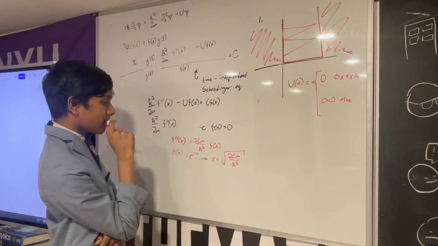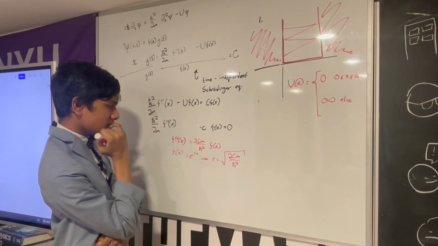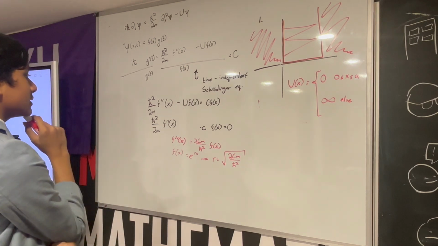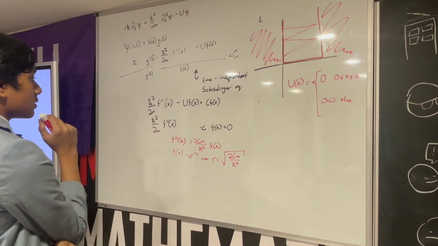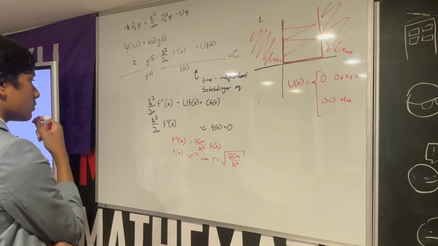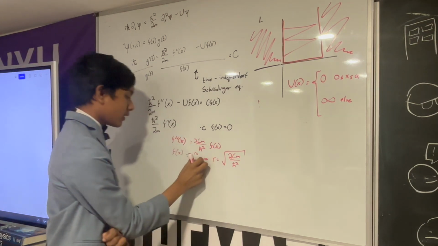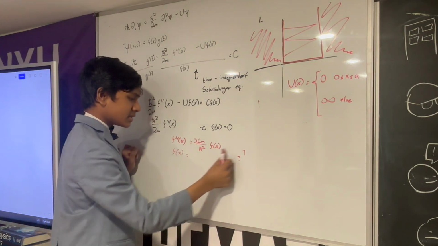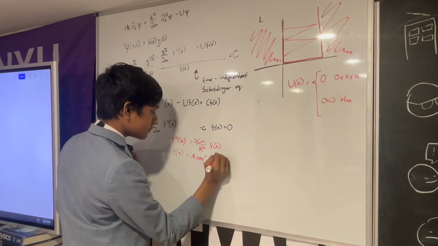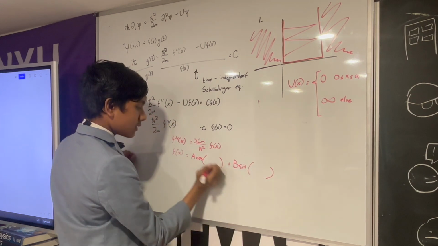Wait, hold up. Yeah, this is what makes me think I made a sign error. Oh, yeah. Okay. So I think it's better to just go with the old a cosine plus b sine form.